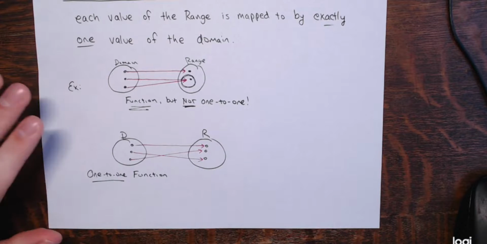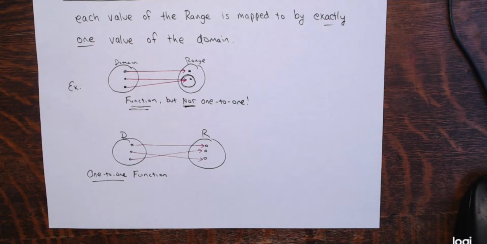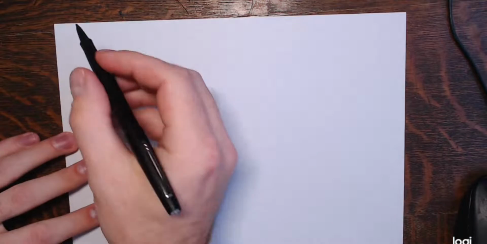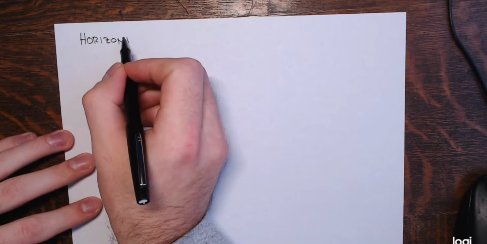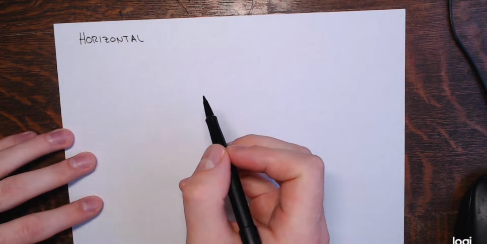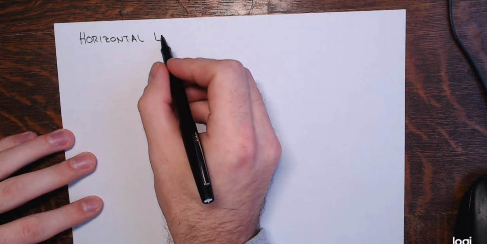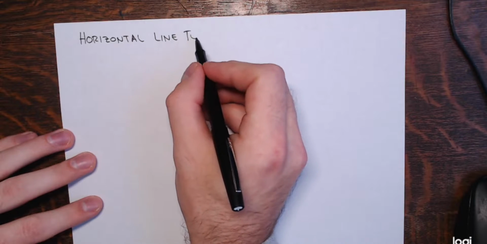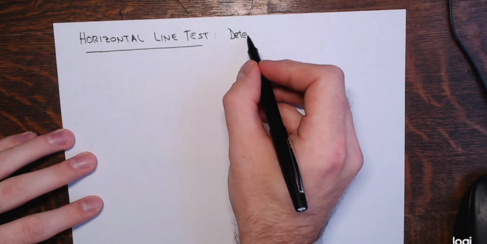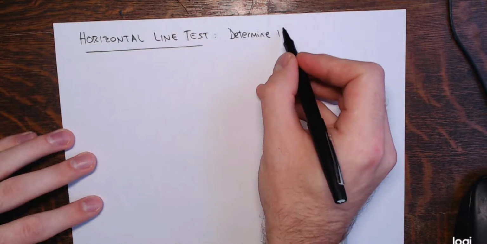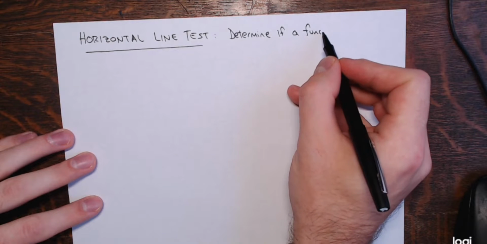Now, this particular objective I'm looking at first talks about the horizontal line test. So I'm assuming you remember the vertical line test. So let me talk about the horizontal line test. This is to determine if a function is one-to-one.